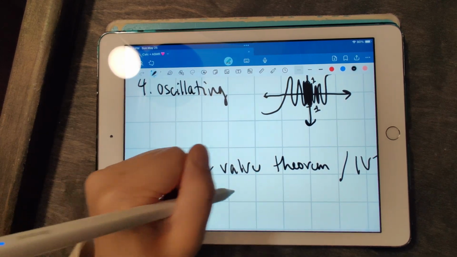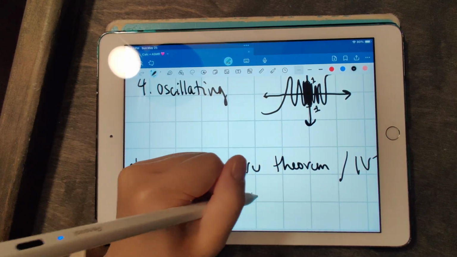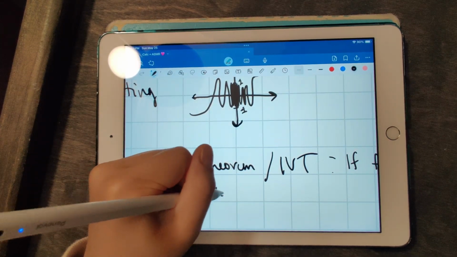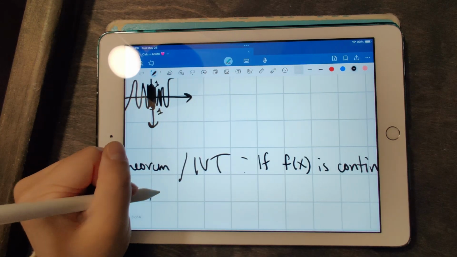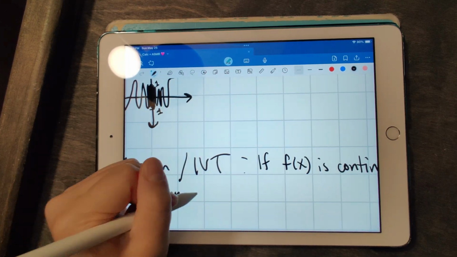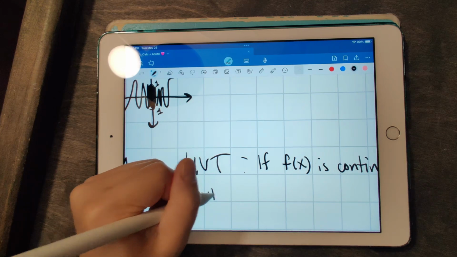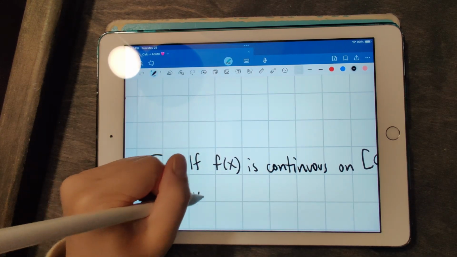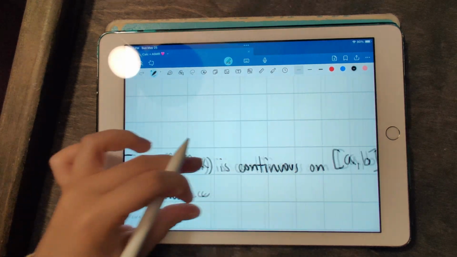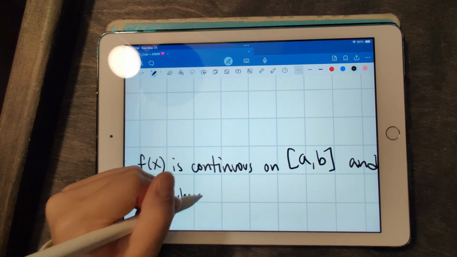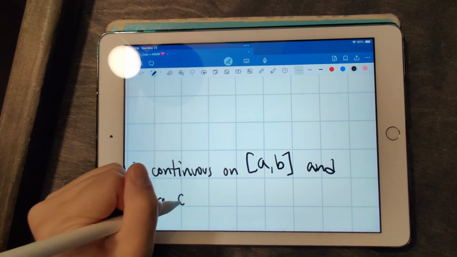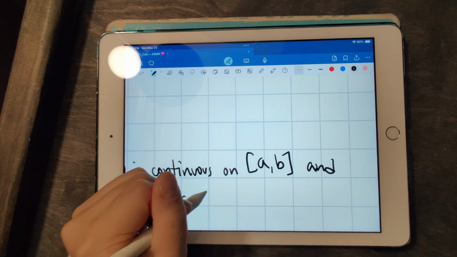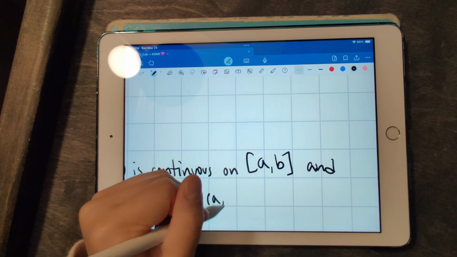My thing is not cooperating. For some m, then there must exist a c, another value c, where c belongs to the interval a comma b.